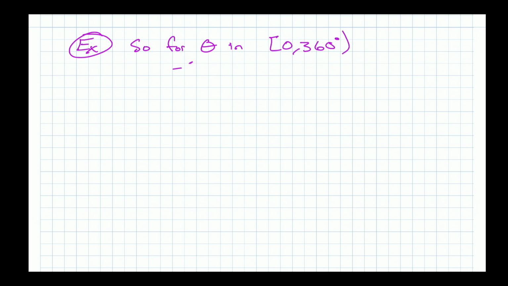And then they say -6 secant theta minus 3 equals -15. Nothing's different in the method here, so we're just going to solve for the trig function.